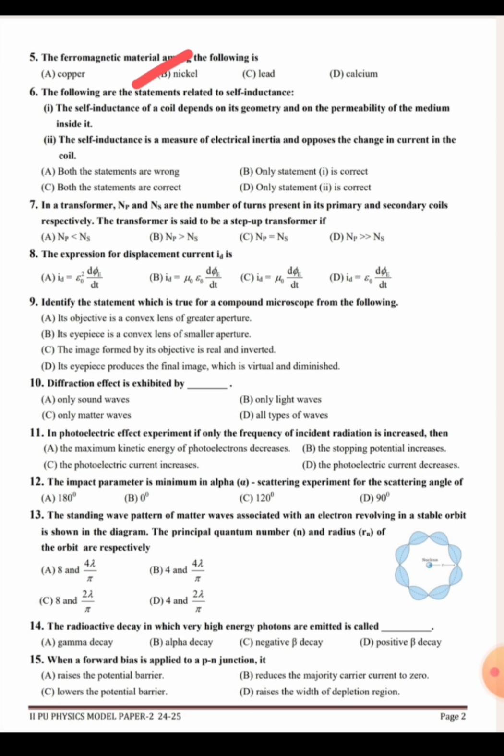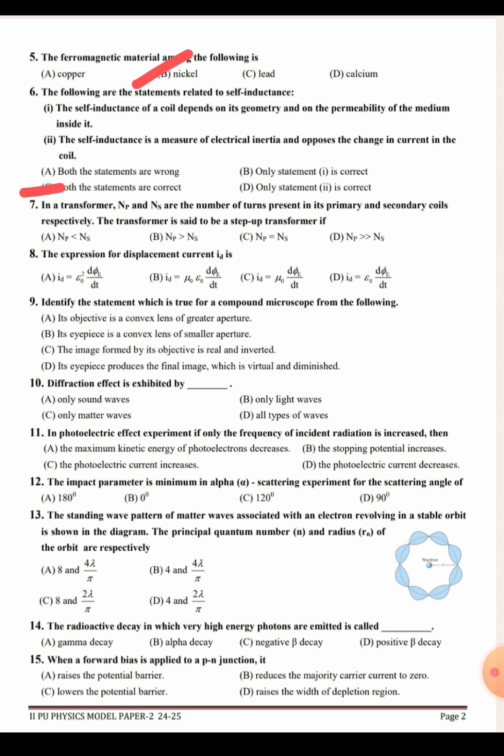The self-inductance of a coil depends on its geometry and on the permeability of the medium inside it. Yes, we know this: L is equal to mu naught n square L into A, that expression we have discussed. Then, self-inductance is a measure of electrical inertia and opposes the change in current in the coil. Yes, self-inductance is called electrical inertia. So both statements are correct.